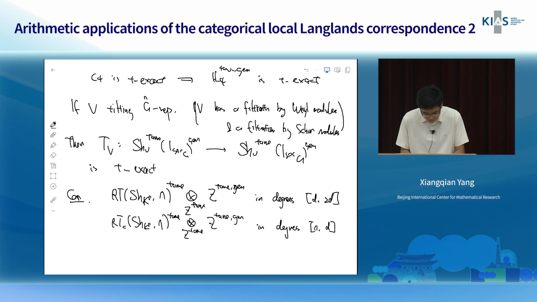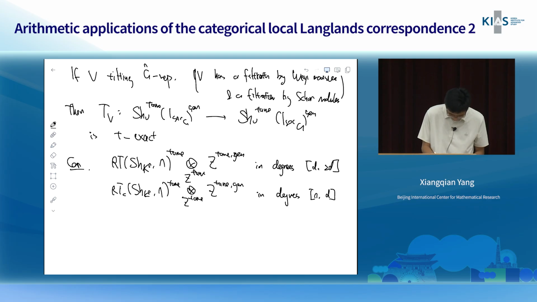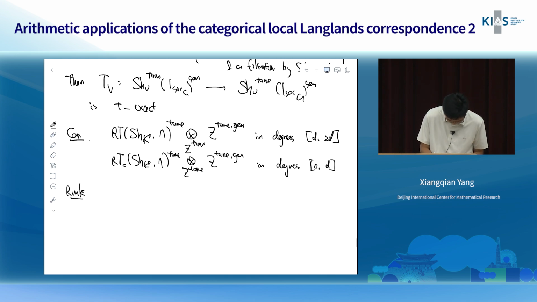What else? And so there's a long list of people doing similar results. Let me just list them. So first, this kind of result was proved by Caraiani and Scholze. And then there's Takamatsu, Koshikawa.